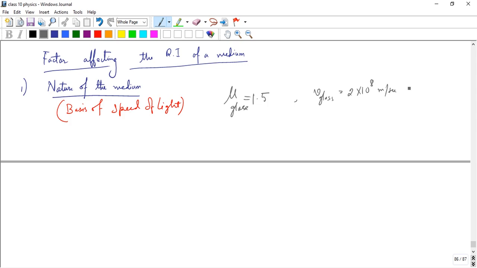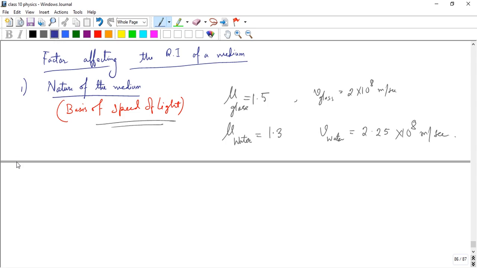If the mu of water is 1.3, the speed of light in water is 2.25 into 10 to the power 8 meter per second. See that here the velocity increases as mu decreases. So refractive index depends on the speed of light.